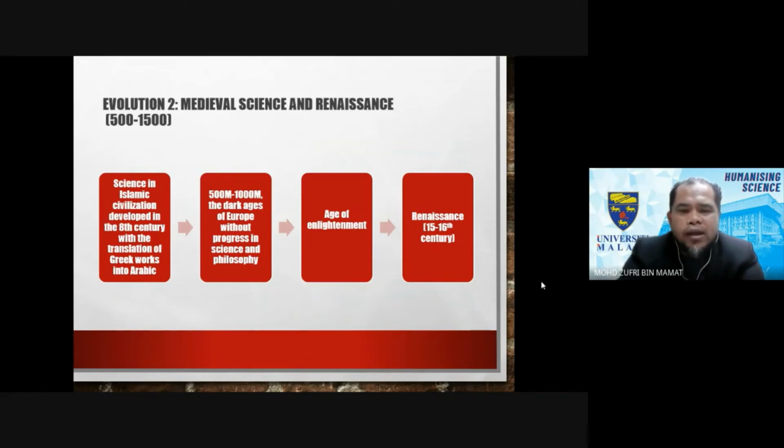In the 12th and 13th centuries, the treasures of Greek knowledge in Arabic were transferred to Europe and translated into Latin, the lingua franca of that time. However, scholars differ on this matter regarding the transfer of Greek science to the modern world.